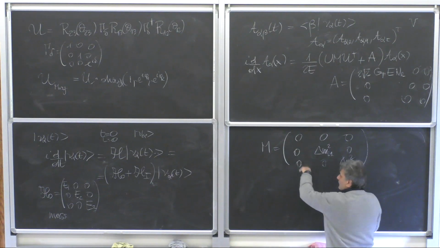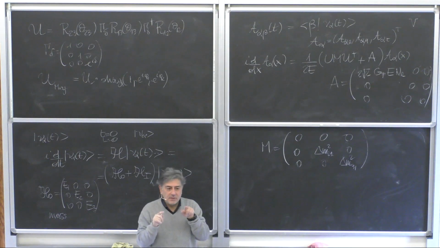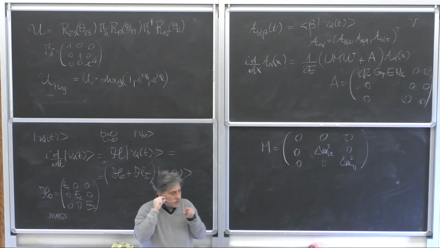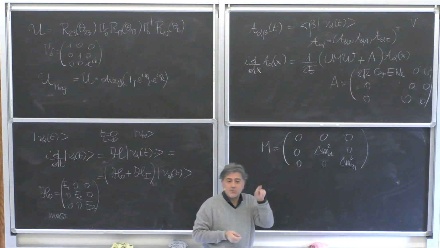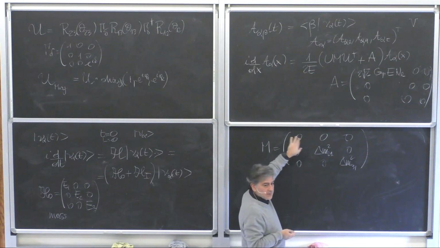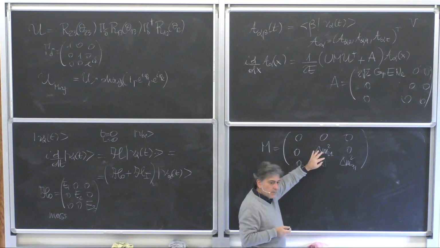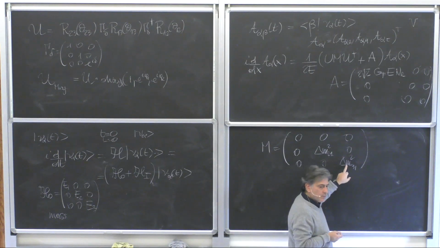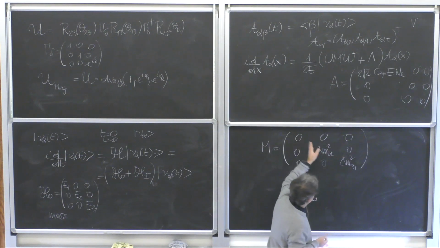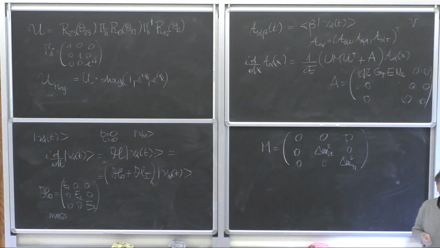We saw that the oscillation probability depends on the mass square differences, so imagine that you take out m1 squared. This is 0 now. Here it appears m2 squared minus m1 squared, and here m3 squared minus m1 squared. This structure depends on the fact that with 3 mass eigenstates, we have only 2 mass differences.